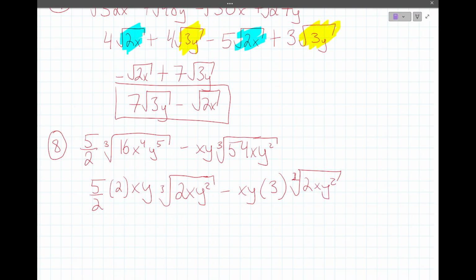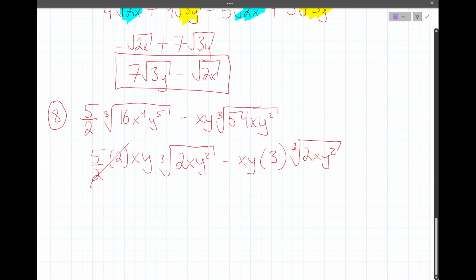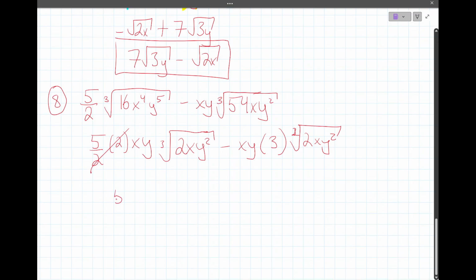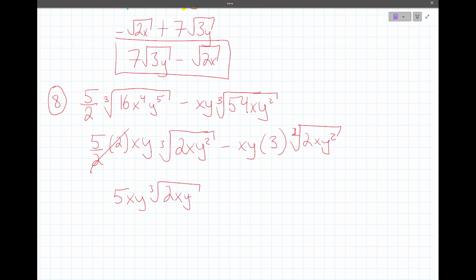Okay, good. That can cancel. So our next step here, we'll get 5xy, and this will be the cube root of 2xy squared, minus 3xy cube root of 2xy squared.